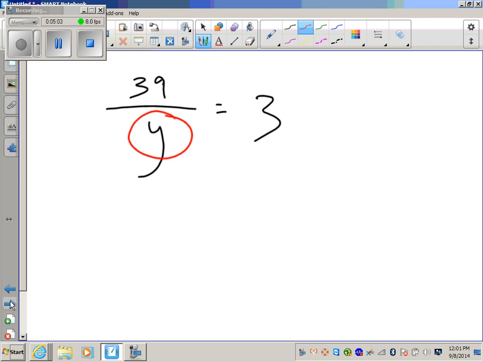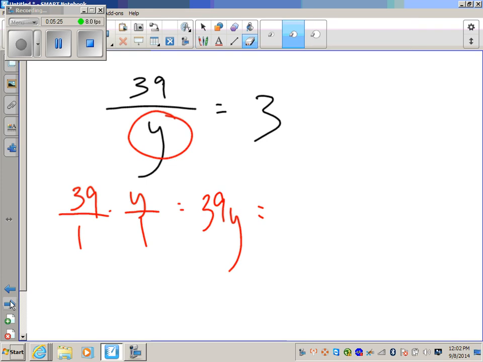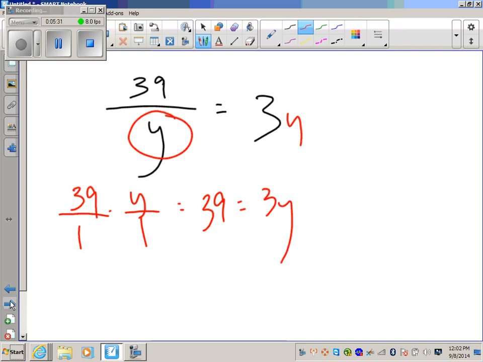Okay? So when I multiply 39 times y, 39y is going to equal just 39, 3 times y, it's going to make it 3y.